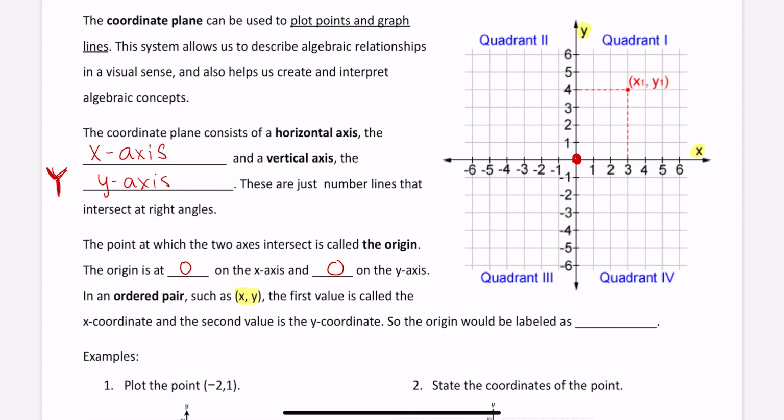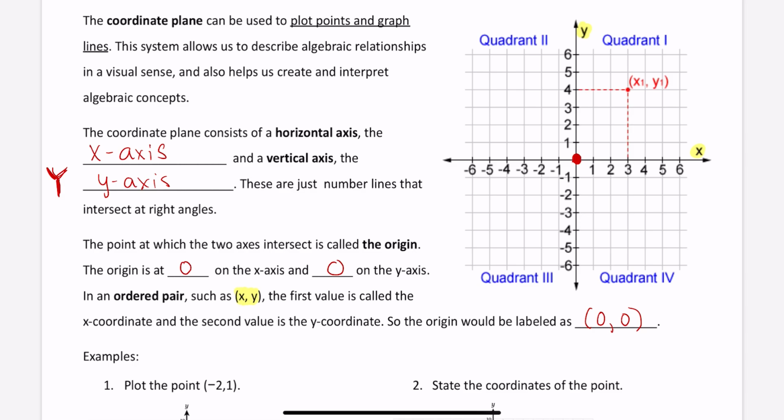The y value is the second number, and that tells you how far you need to shift up or down. Okay, so the origin, for example, would be labeled as (0, 0), because our x value at the origin is 0 and our y value at the origin is 0. So again, that would all relate back to the point in the middle where the two axes cross.